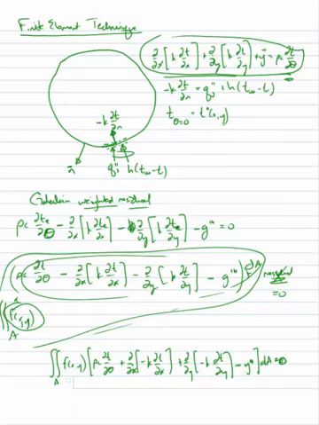So this is what we're shooting for, right? This is the residual. This is the weighted residual, I guess. This is our weighting function. And then this is us integrating it over the entire area.